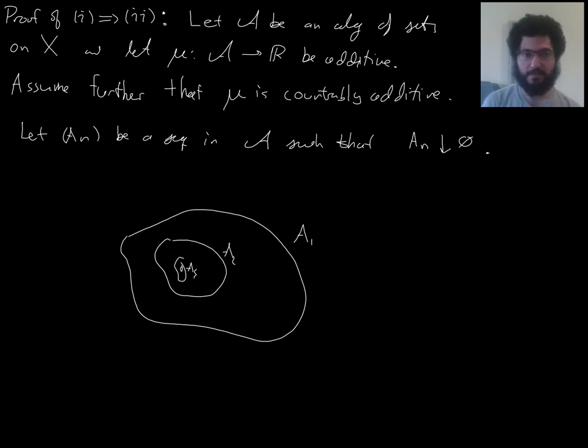So to replace them by a sequence of pairwise disjoint elements of fancy A, what I can do is focus first on this complement, just this part, and then focus on this complement, and so on.